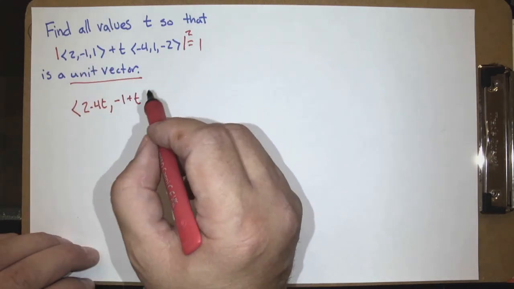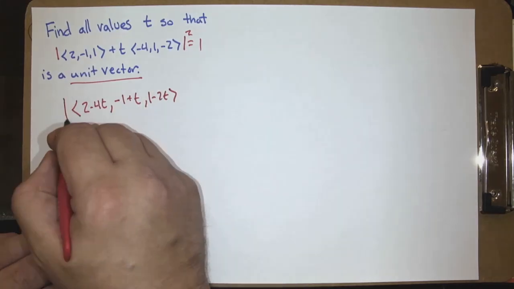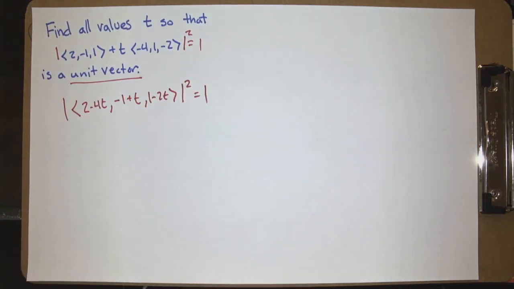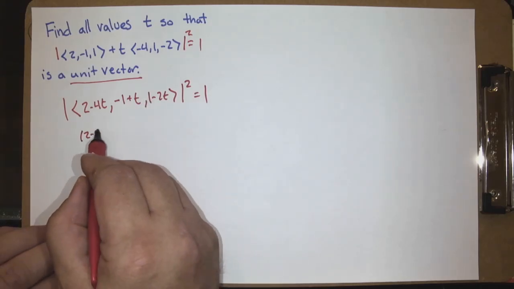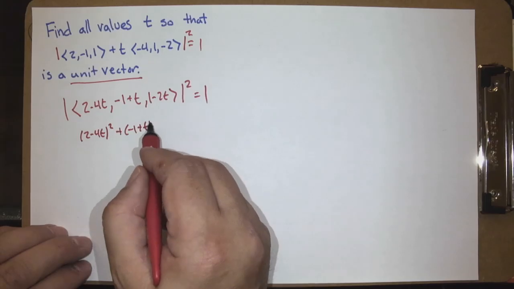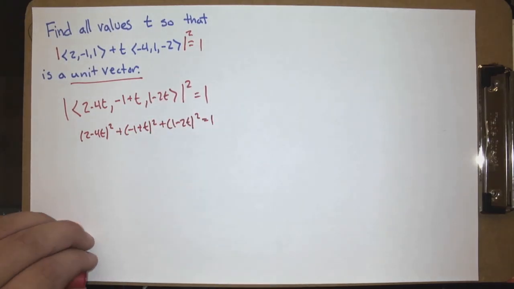The last entry? 1 minus 2t. So we need to have this squared equal 1. Well, to take the square, you just square the individual entries and add. So (2 minus 4t) squared plus (negative 1 plus t) squared plus (1 minus 2t) squared equals 1.